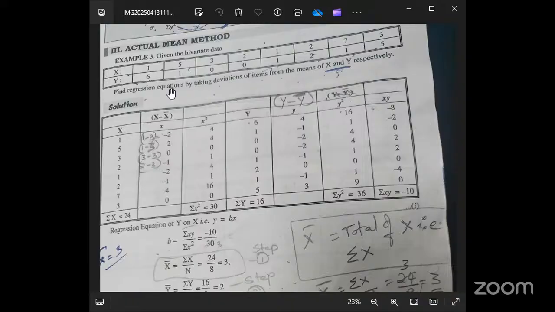After seeing this table, first we need to find sigma x by n.